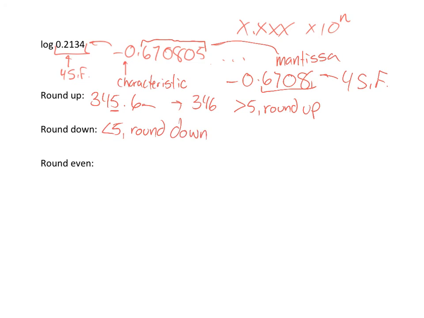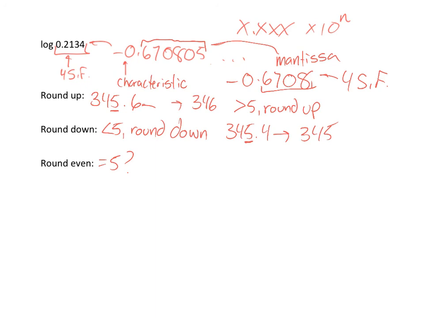When you're less than 5, you round down. And again, this is the number that is just past the last significant digit. So again, if I have 345, this time I have 4 here. 5 is my last significant digit. I would round down, and this becomes 345. Now, what happens if it's equal to 5? Well, in many classes, you're just told to round it up. The better rule for this is called rounding even.